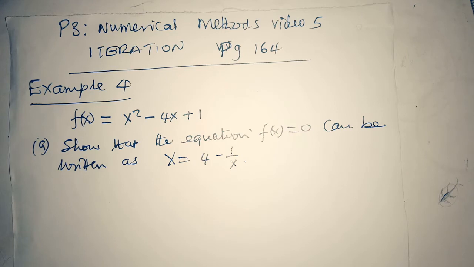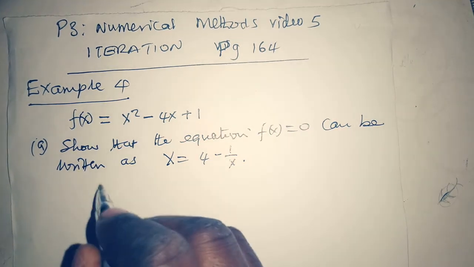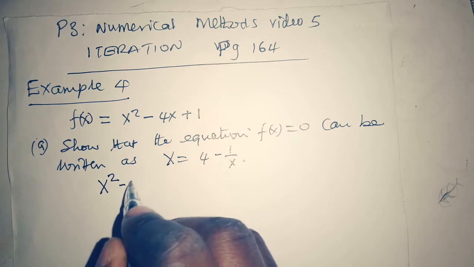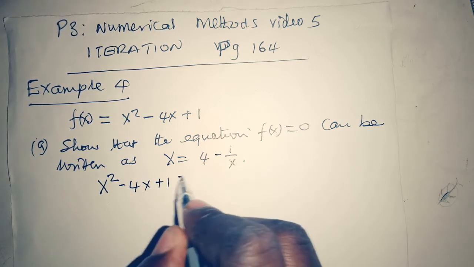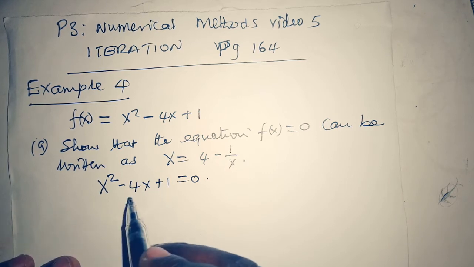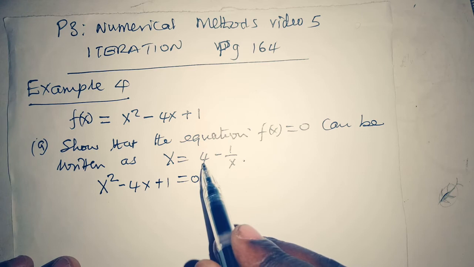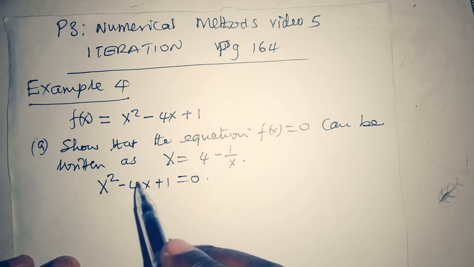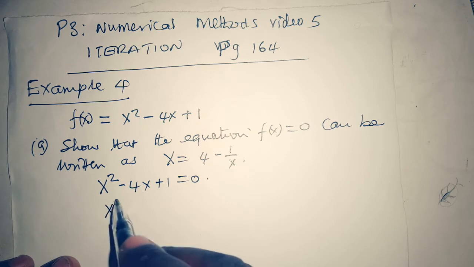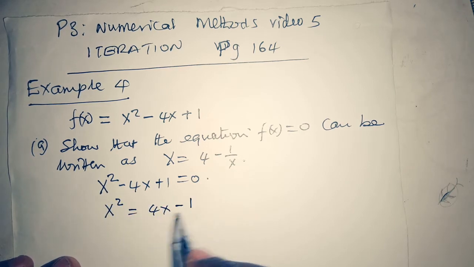First of all, let us understand that it is x squared minus 4x plus 1 which is equal to 0. So the 4 is positive rather, and when the negative 4 crosses over, we have x squared equals 4x minus 1.